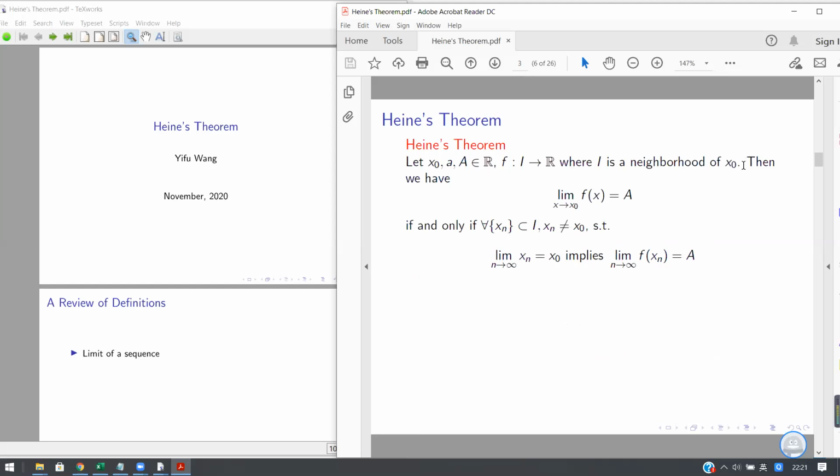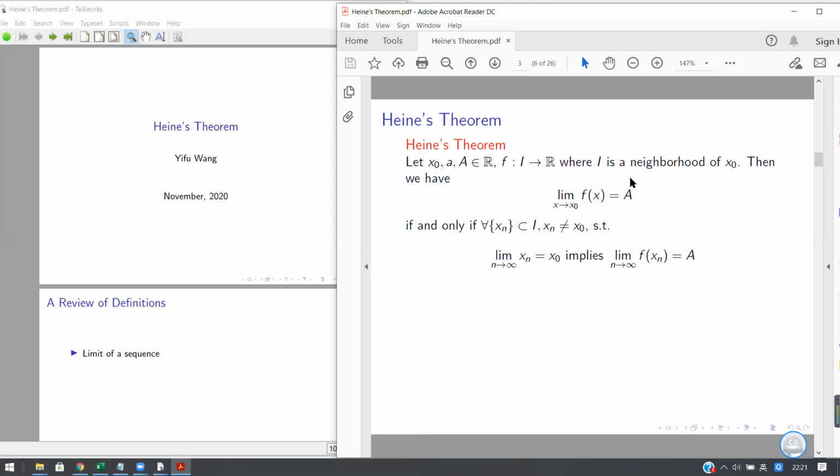Remember, we had a convention: being in the neighborhood of x0 means there exists a positive delta such that the interval I equals (x0 minus delta, x0 plus delta). So we had this convention before. Okay, so we have these real numbers and this function.